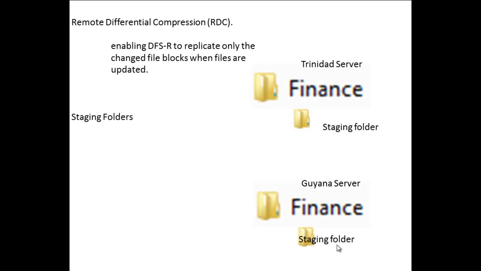When that data reaches the staging folder in the Guyana folder, that data is then decompressed and installed on the replication folder on the Guyana server. So each replicated folder has its own staging folder, which by default is located under the local path of the replicated folder.